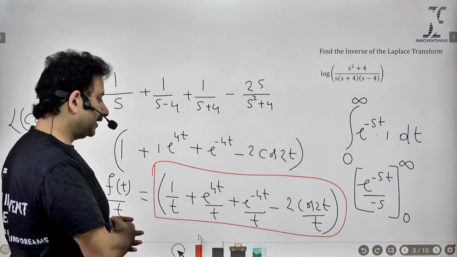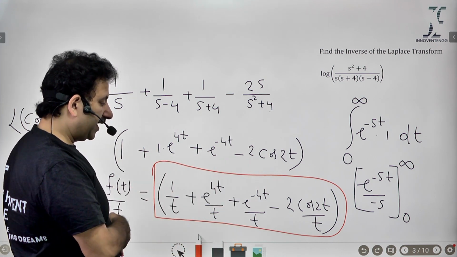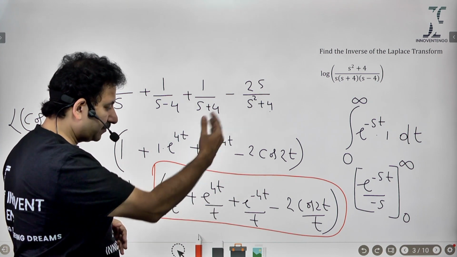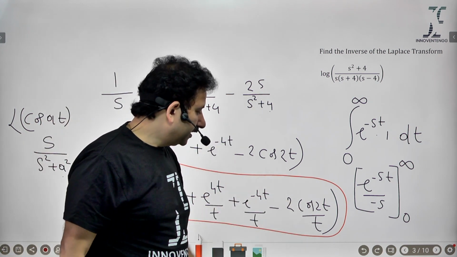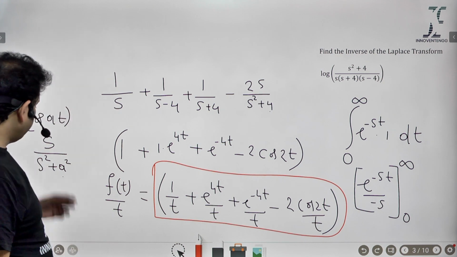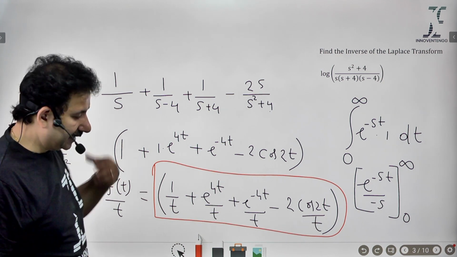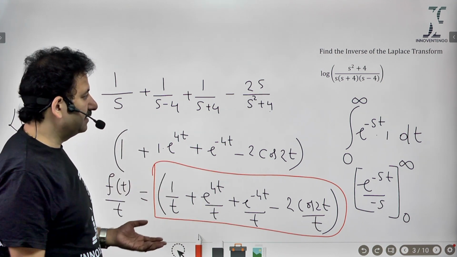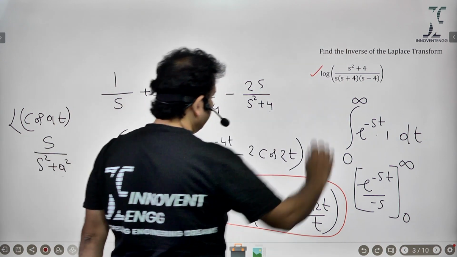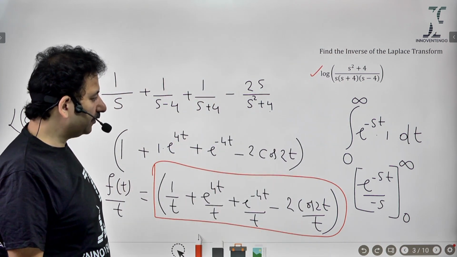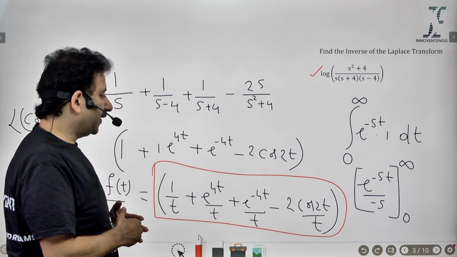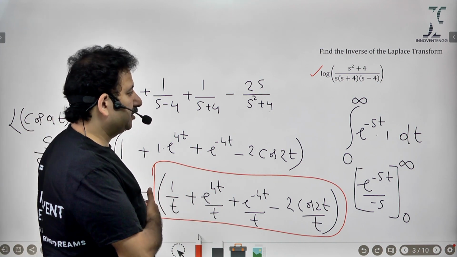Again integrate that, and again 1 by s plus 4, again integrate that from s to infinity. And you know the Laplace transform of cos 2t, s by s square plus 4, integrate that from s to infinity and simplify. You should get back to this particular term. Okay, you can do that exercise, but this is the established procedure.